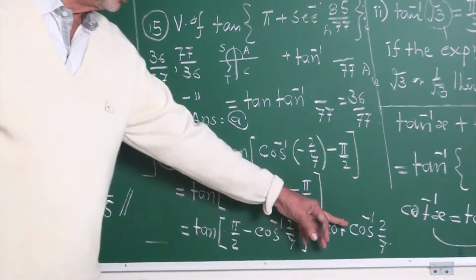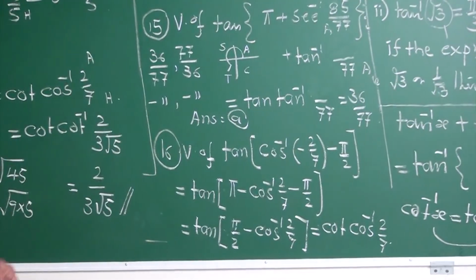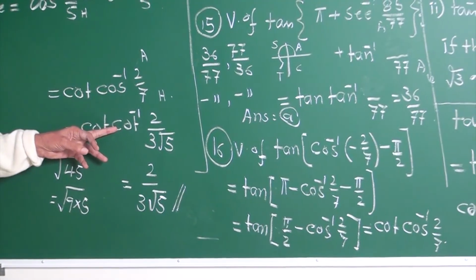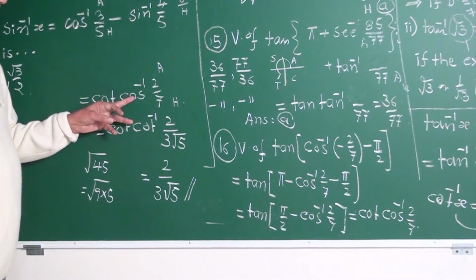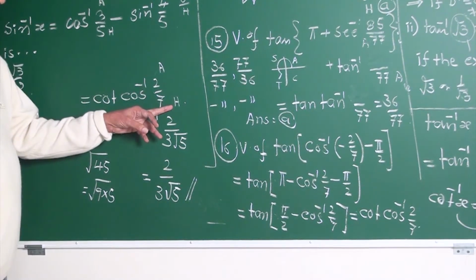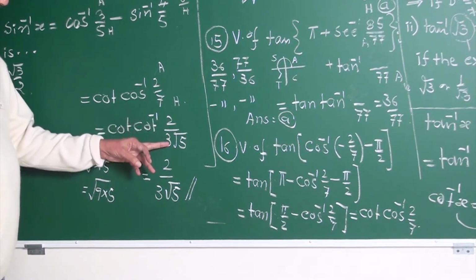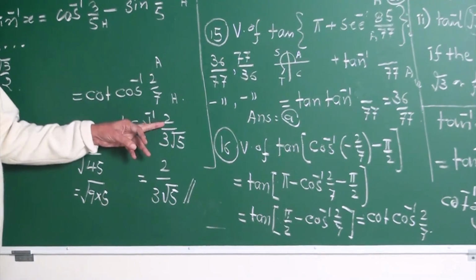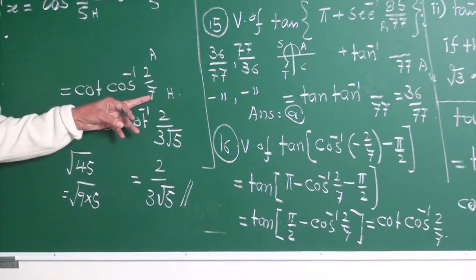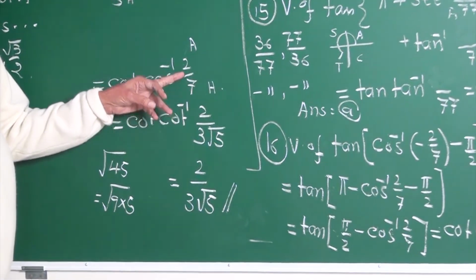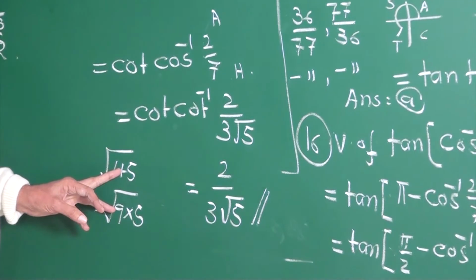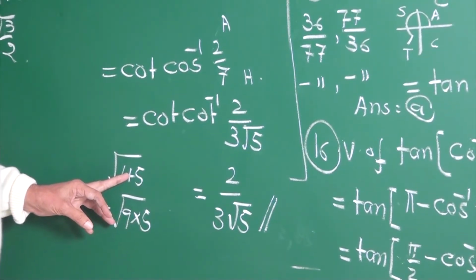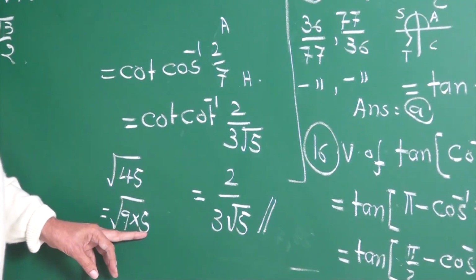Now we have to convert this cos inverse to cot inverse. Cot is adjacent upon opposite; cos is adjacent upon hypotenuse. Adjacent is 2, opposite is the square root of hypotenuse squared minus 2 squared, 49 minus 4. 49 minus 4 is 45, square root of 45, and 45 can be written as 9 into 5.